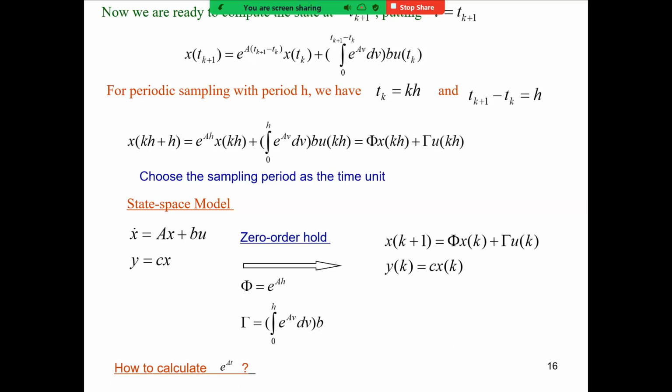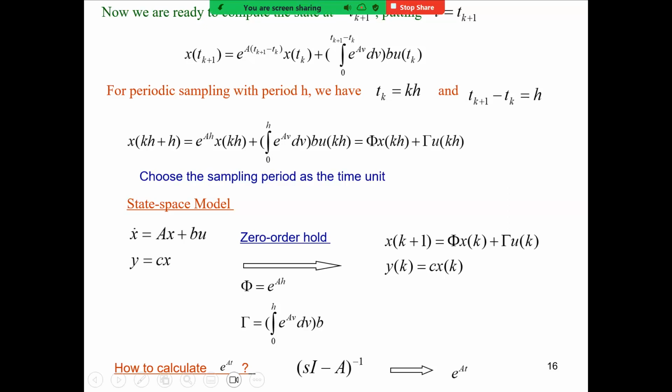Not Taylor series, you cannot use Taylor series, since it involves an infinite number of terms. What's the other way? Laplace transform. If you take a linear systems course, your lecture will give you a number of ways, but here I just give you one way, because you know how to do it.